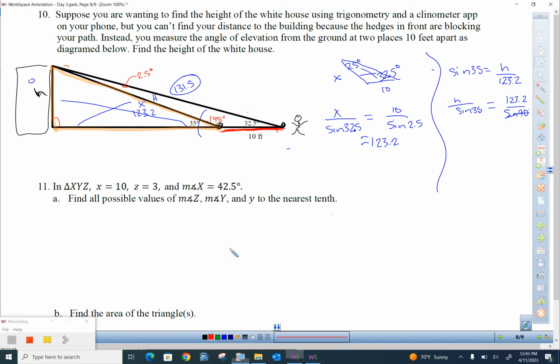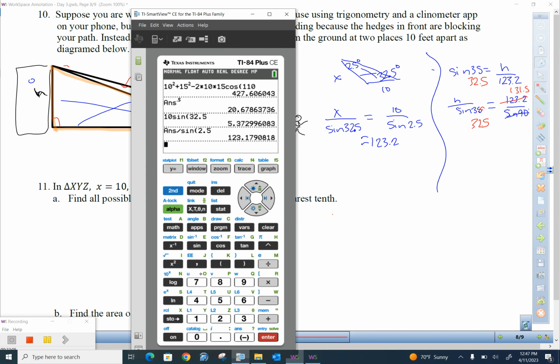And then similarly, if you had the 131.5, same process. Okay, this angle would have been your 32.5. For a final answer, of about 70.66.